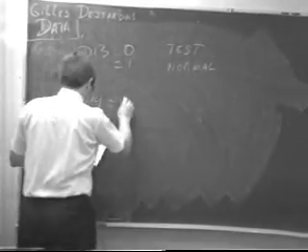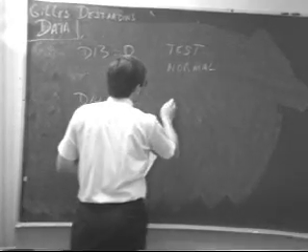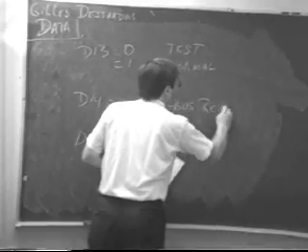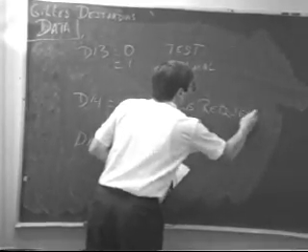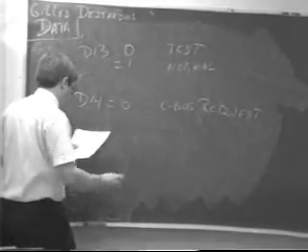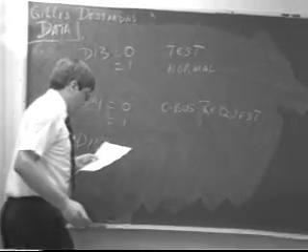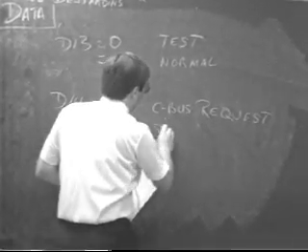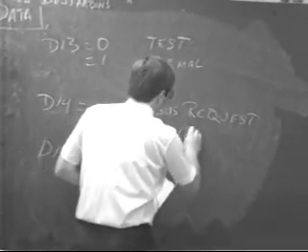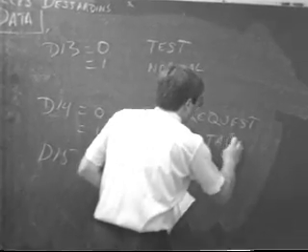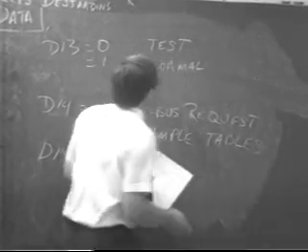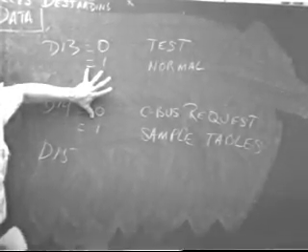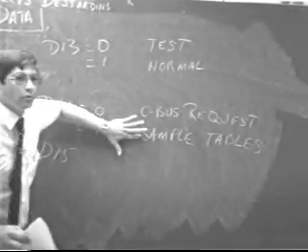D14, if it's low, it's a C-bus request to the microprocessor. If it's high, it means you sample the lookup tables, which means normal run. So you would expect 13 and 14 to be high at the same time for normal sampling.